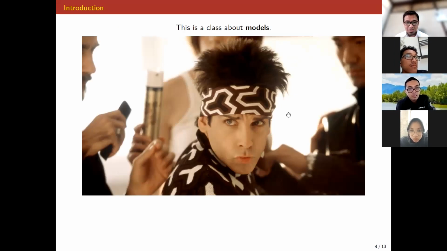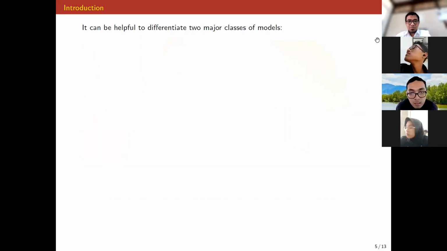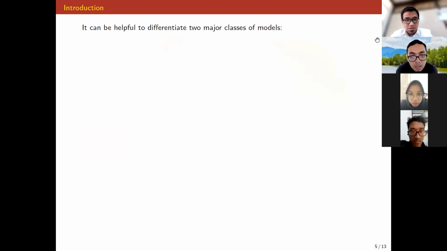But the models here are not about pictures or performances. We talk about models in terms of mathematics. There are two major classes of models in mathematics.